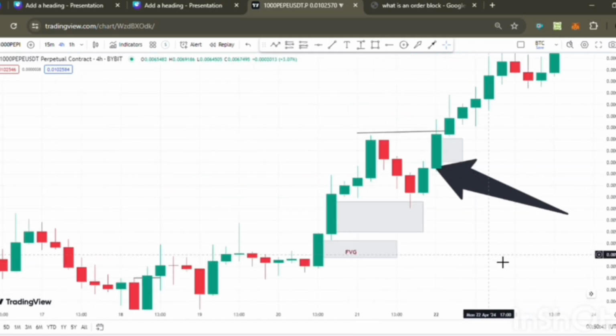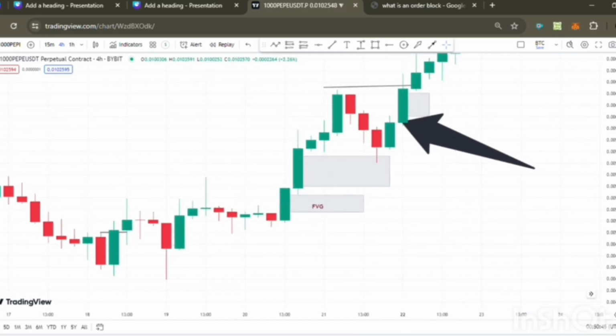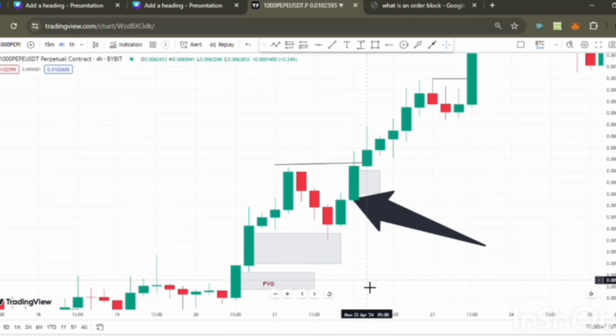Another one is that there must be a break of structure or change of character. The market will be experiencing a break of structure, indicating the continuation of the market trend, either a downtrend, uptrend, or ranging market.